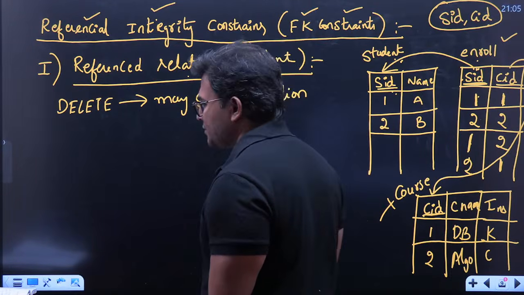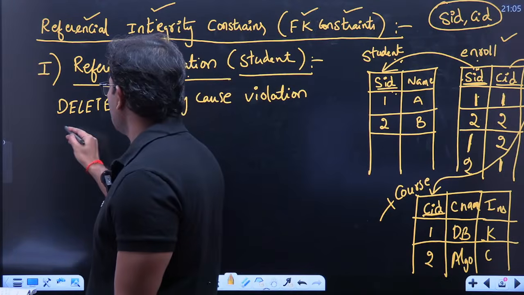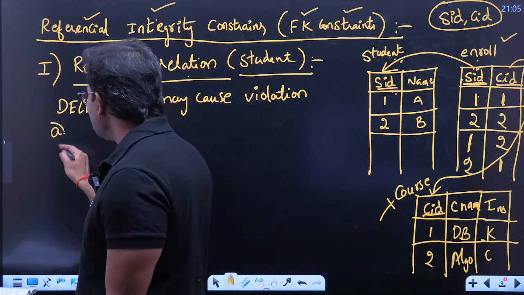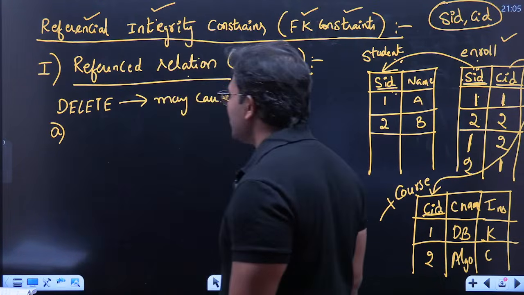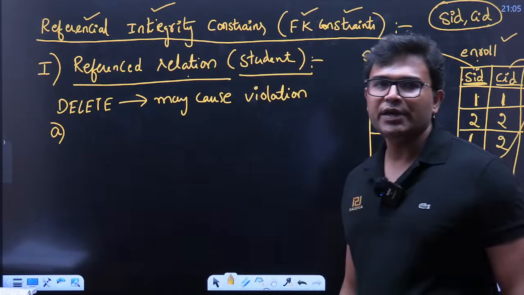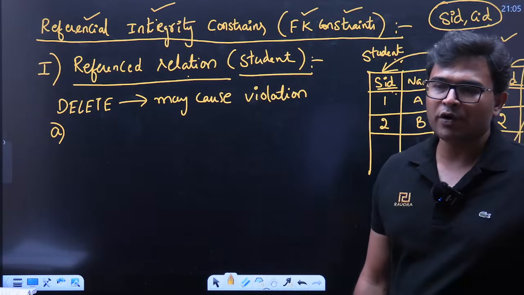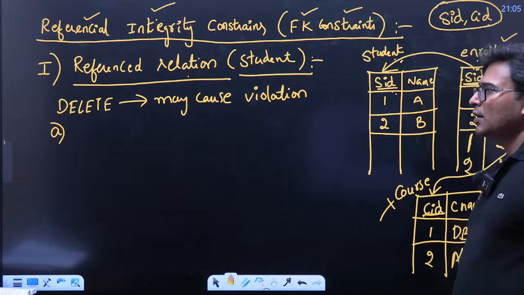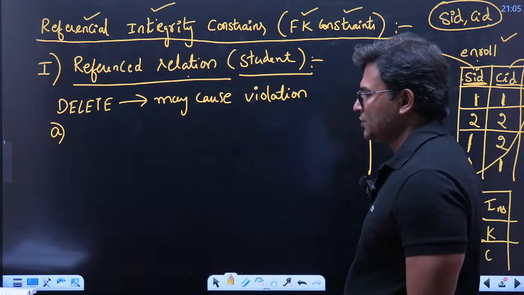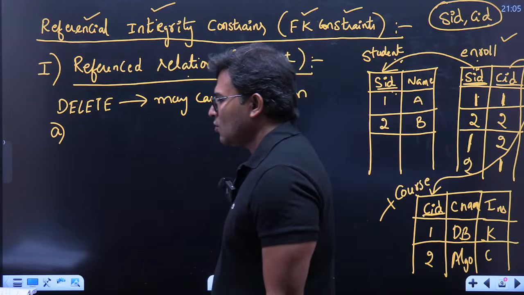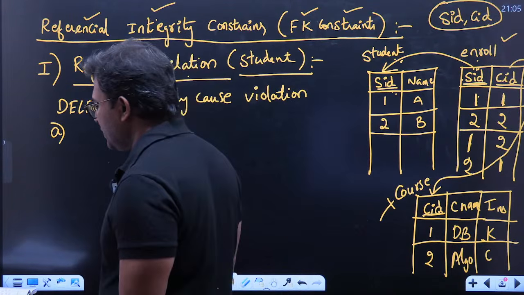They may cause violation, right? And how are you dealing with the violations? There are many ways. It is all up to the database administrator how he wants to deal with the violations. One option is on delete no action.